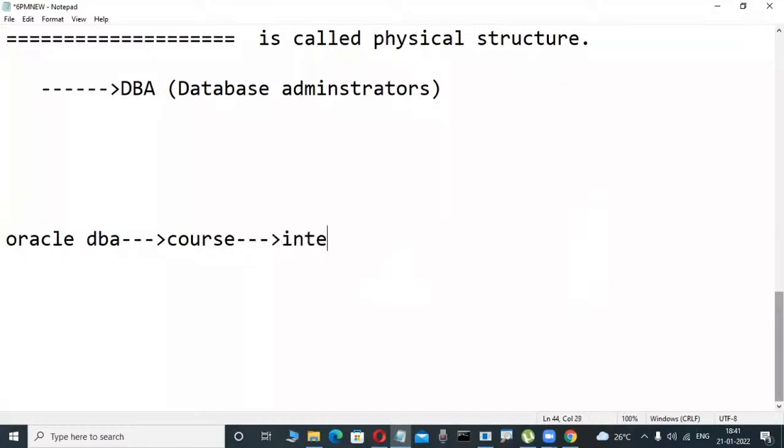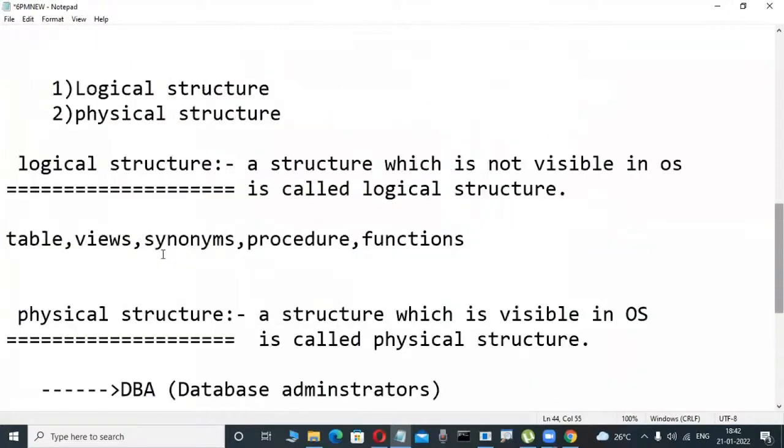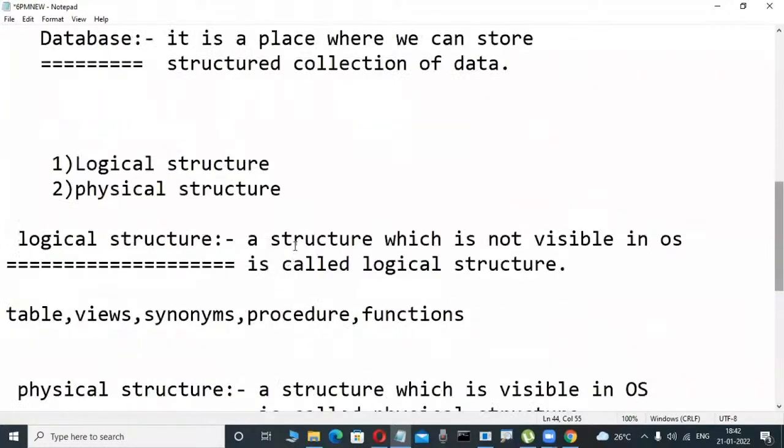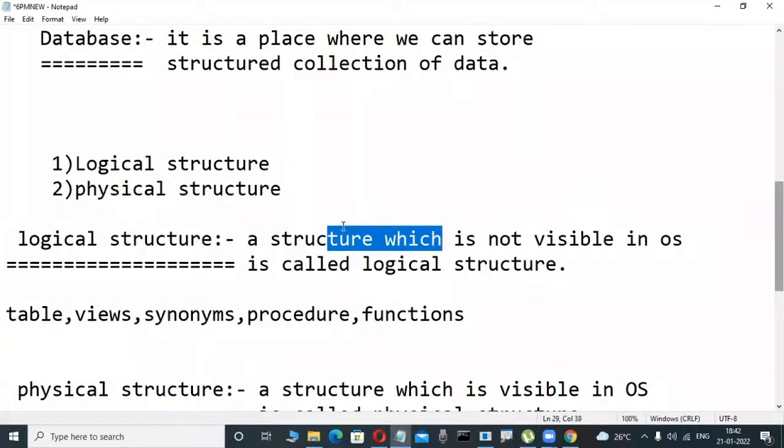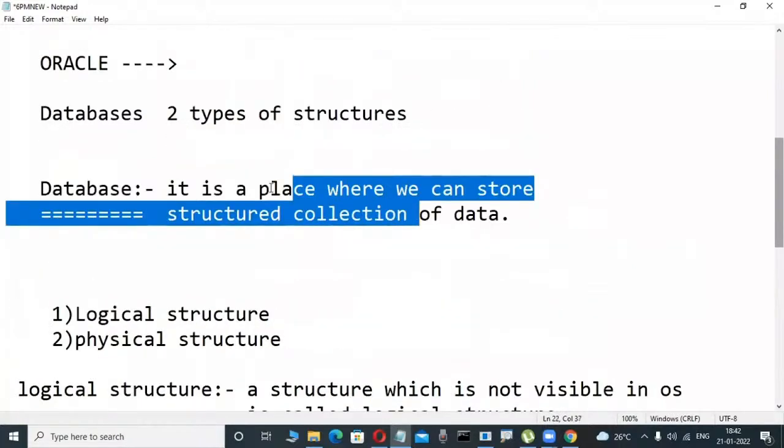Observe here, interview. Roughly, my interviewer asks, Murali, what is a database? Whenever they ask what is a database, I say, oh, it is bookish knowledge, it is a structured collection of interrelated data, it is a place that stores a structured collection of data.